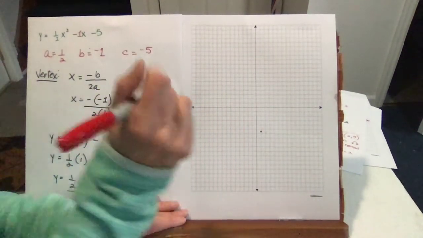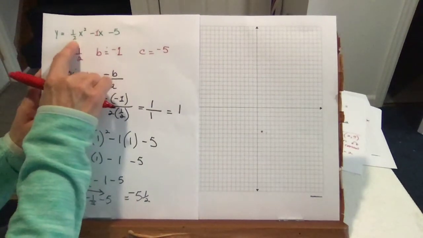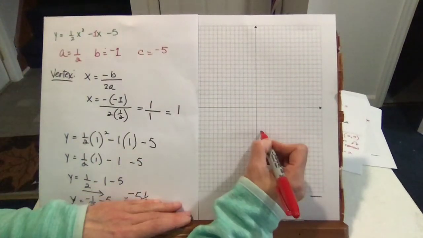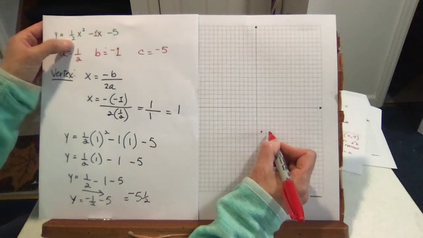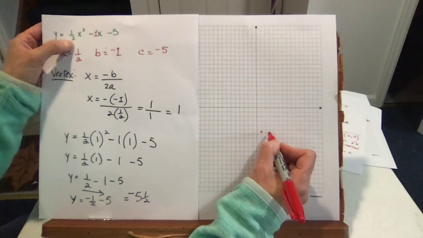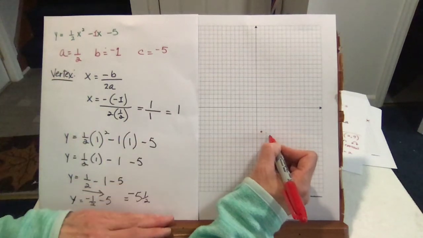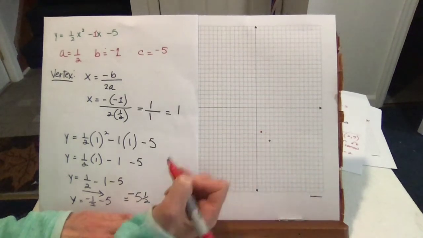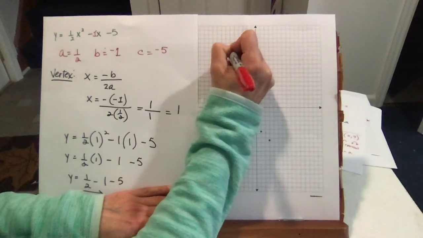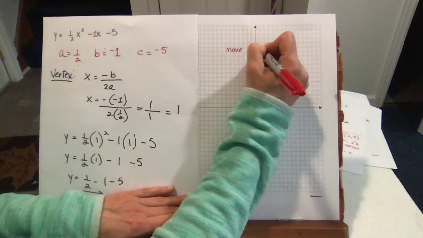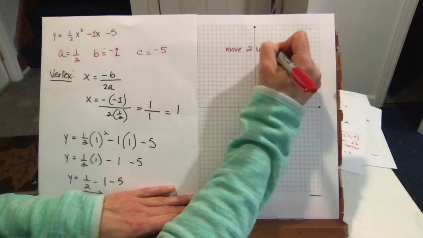Another way you can do this, though, and make it easy, because your denominator is 2. Move 2 away. Square 2 and your parent says go down 4. And then because we have a 2 in the denominator, divide your 4 by 2. Divide it in half and go down 2. 1, 2. And remember, you're still in the halfway box. So again, watch this. We move 2 left or right.